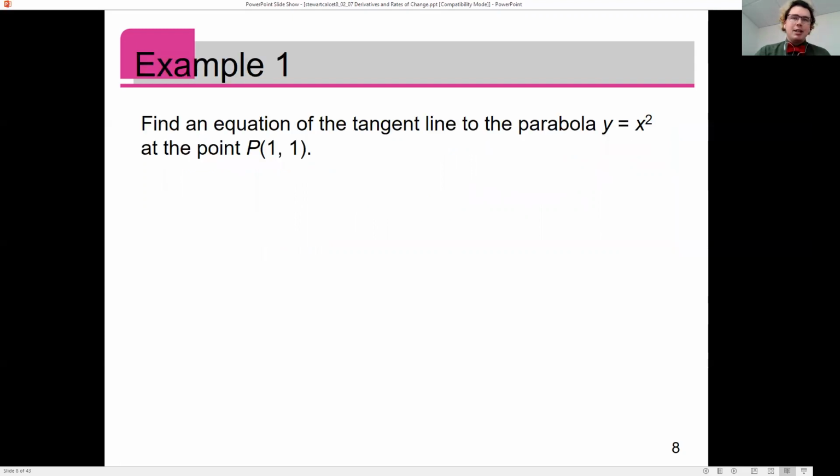So let's actually work an example. I want to find the equation of the tangent line to a parabola, y equals x squared. The formula for the tangent requires us to pick a particular x, y coordinate. So here we've chosen x equals 1, y also equals 1.